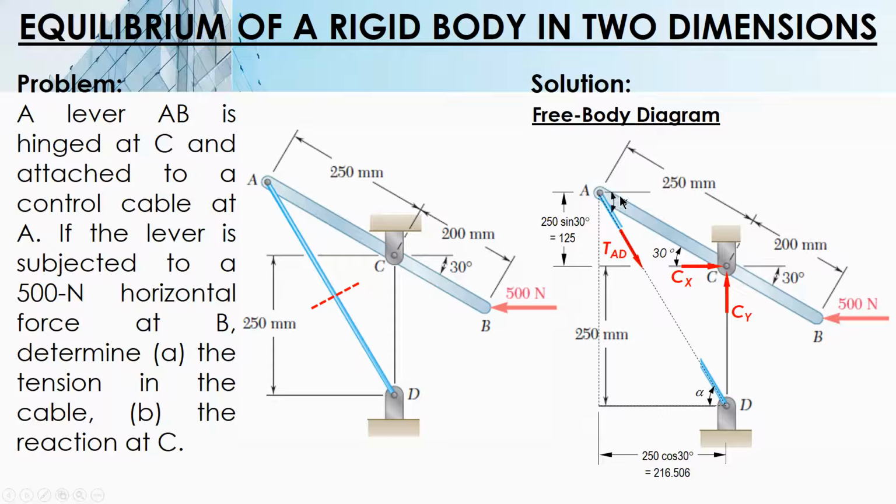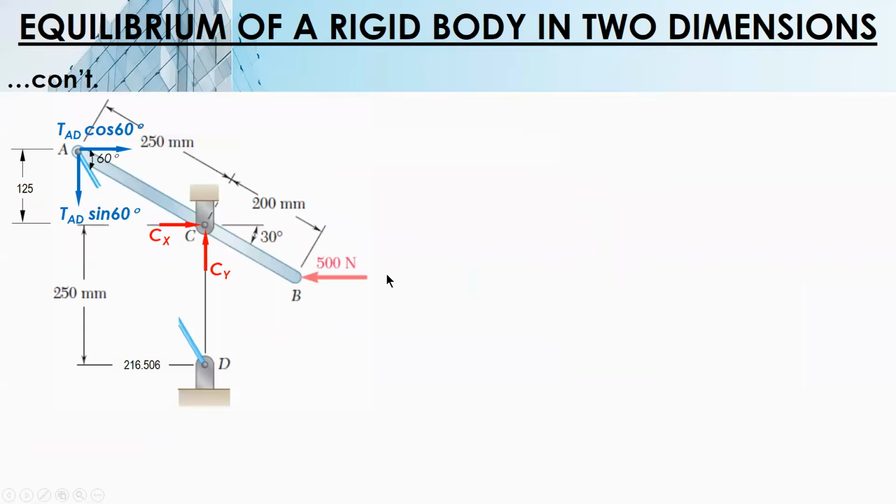Sa A, alpha sa ni. No? Alpha is arctan of this one. 375 over 216.506. Our alpha is 60. Yeah. So pwede na.